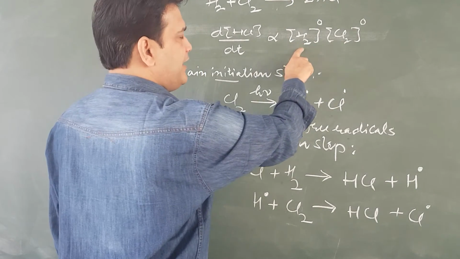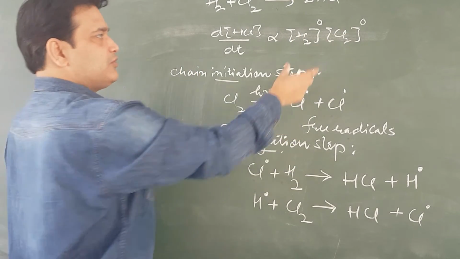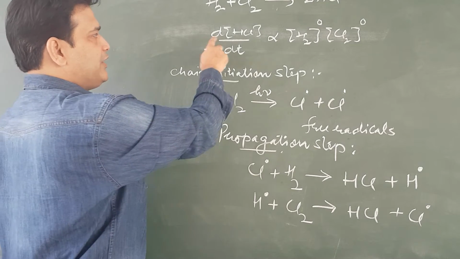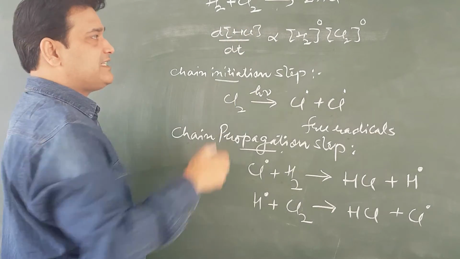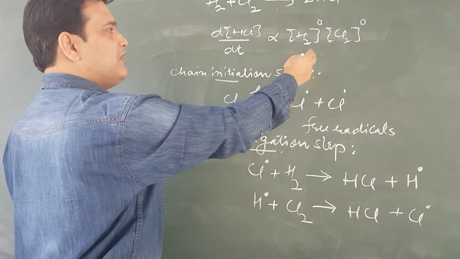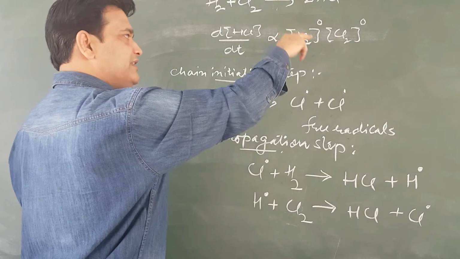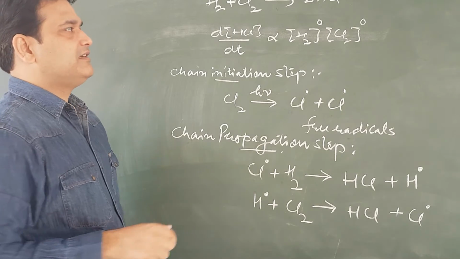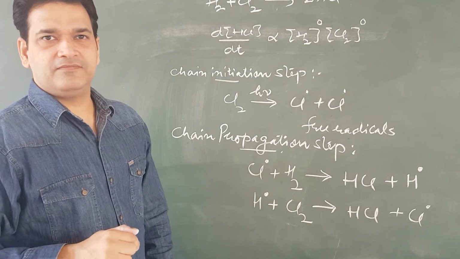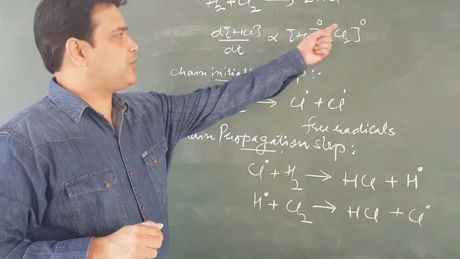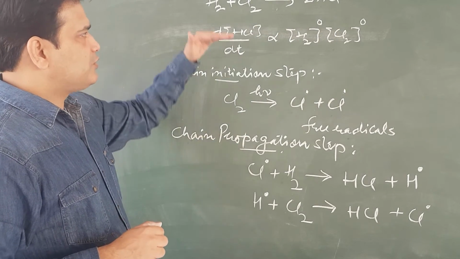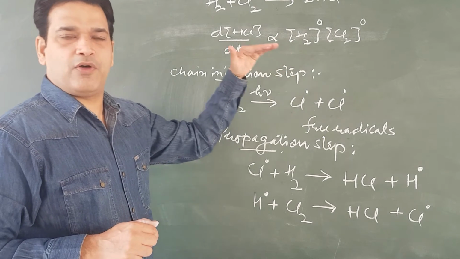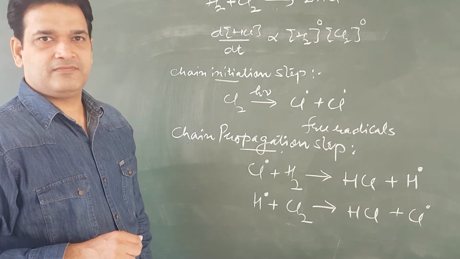Since hydrogen and chlorine are gases, these are the pressures you can see. So the rate of formation of HCl does not depend on the pressures of hydrogen and chlorine. So the order of the reaction is 0. So the reaction between hydrogen and chlorine is an example of a zero order reaction.